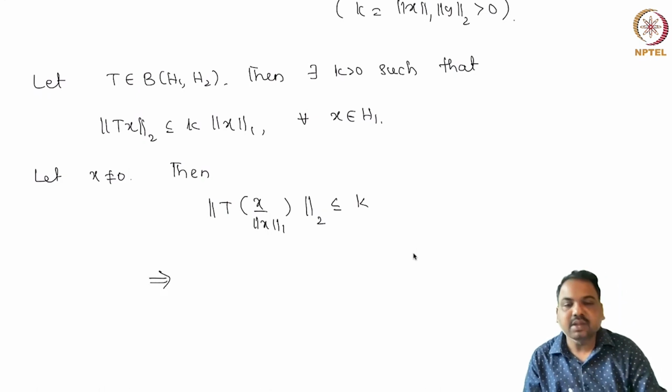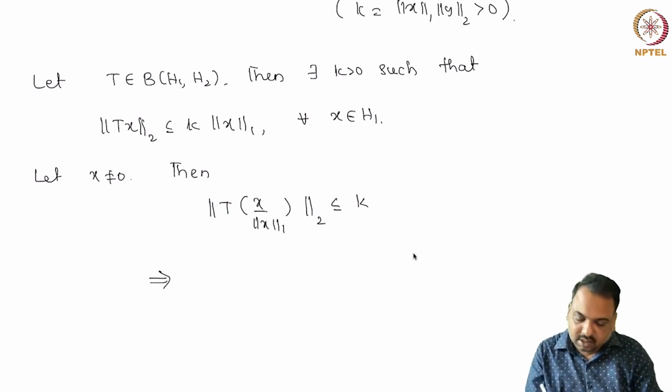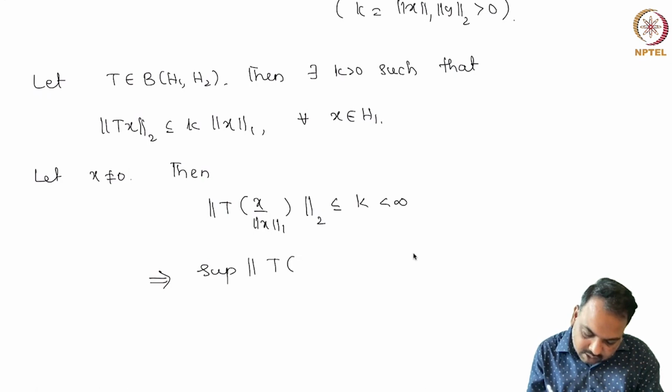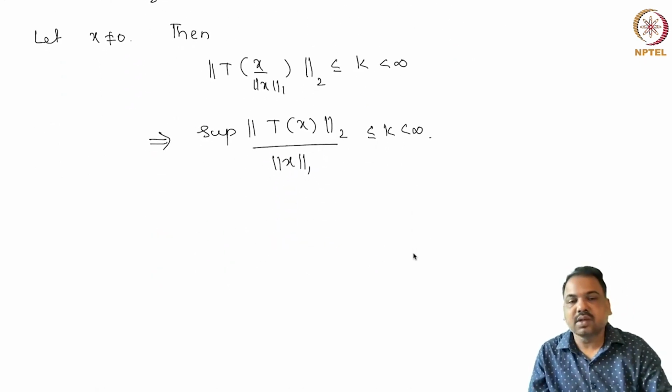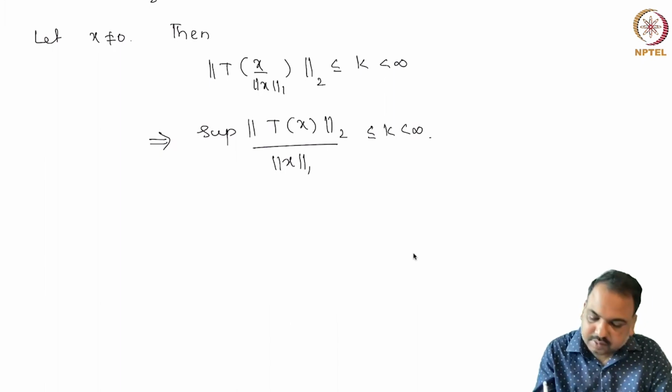The left hand side depends on the vector x, whereas the right hand side is a fixed quantity. So this is finite. So we can take even the supremum of the norm of T(x) by the norm of x, which is less than or equal to k. The left hand side quantity we call the norm of the operator.